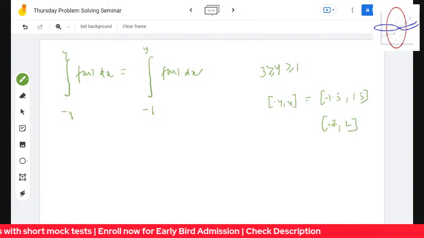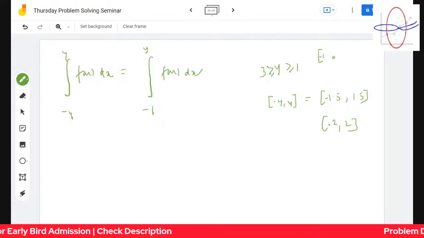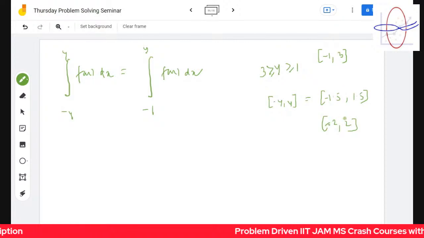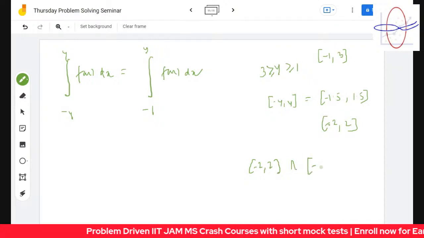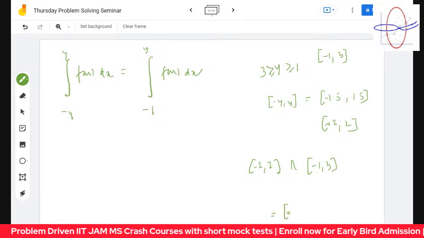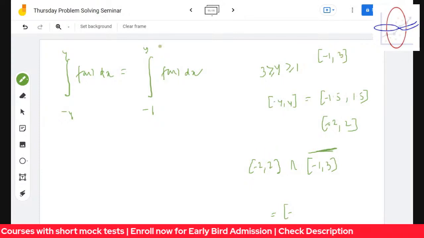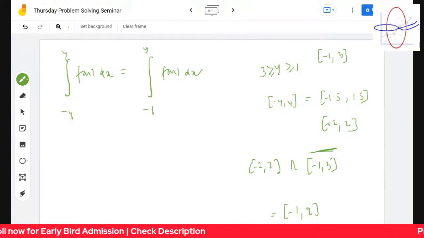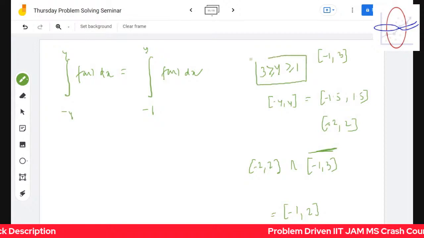But f(x) is only defined on minus 1 to 3. So we'll take the intersection part. Minus 2 to 2 intersection minus 1 to 3. That is where it's defined, and here is the given integration range minus y to y. So it's minus 1 to 2. So it will be minus 1 to y when y is greater than or equal to 1 and less than or equal to 3. Did you understand?